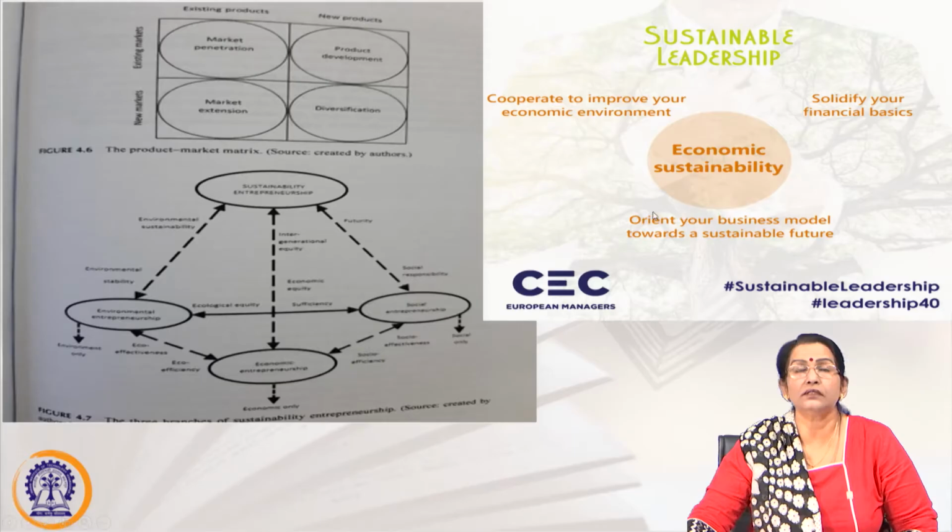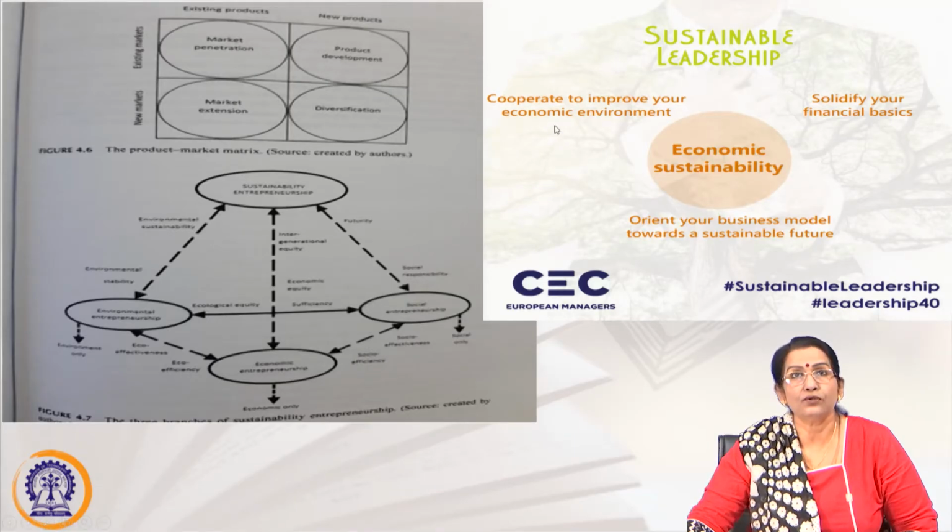And the third is how to cooperate to improve the economic environment, like creating new jobs and employment opportunities, sustainable growth and financial security, and institutional prosperity, even for small and medium sector industries and entrepreneurship. That means how they can also prosper and be self sufficient. These are the aspects of sustainable leadership in the case of economic sustainability.